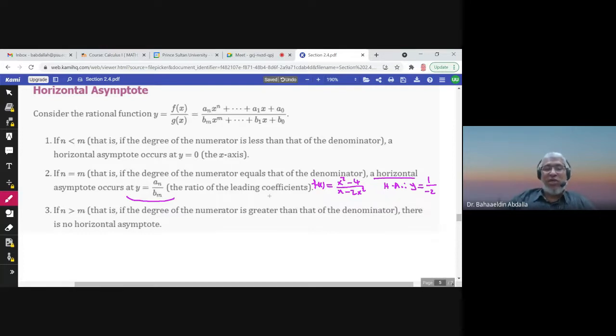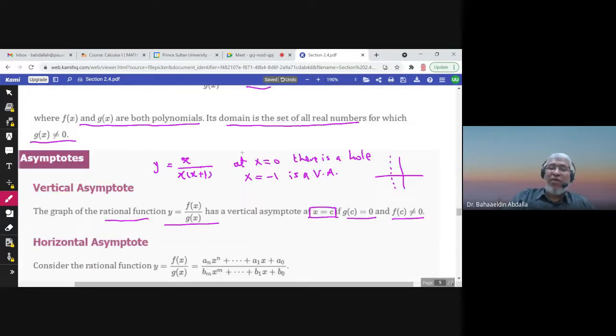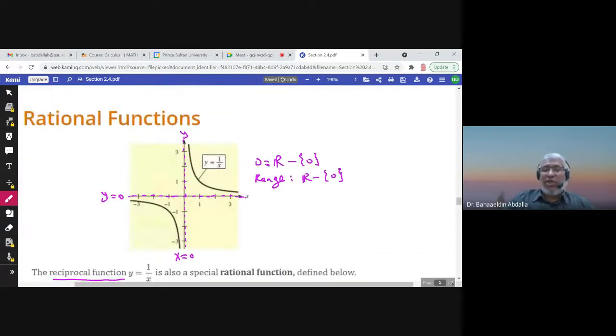So this is if you have the same degree in the numerator and the denominator. While if the degree of the numerator is less, so n is less than m, then the line y equals 0 is the horizontal asymptote, which is the x-axis, like the function 1 over x. What is the degree of the numerator here? The polynomial in the numerator has degree 0.